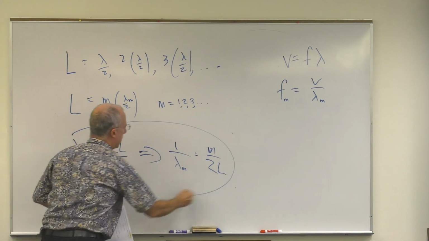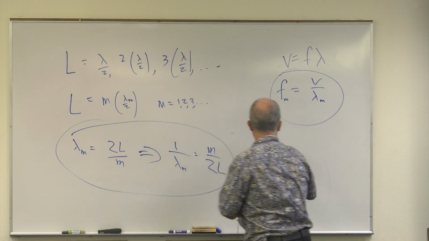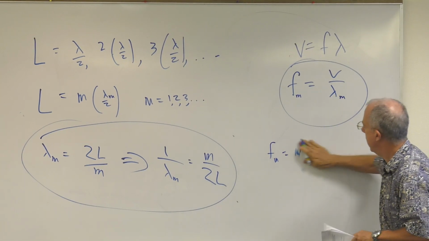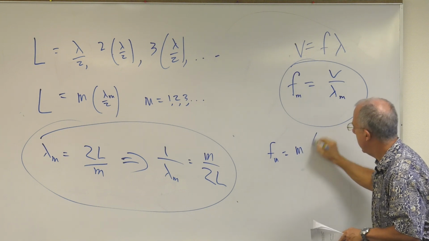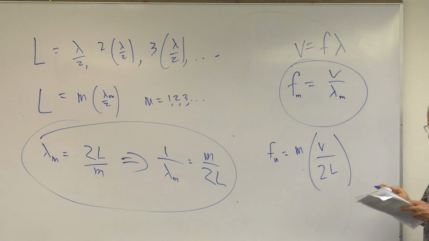So let's use this and this. And what do we come up with? We come up with F sub m equals m times velocity over 2L. So there you go.